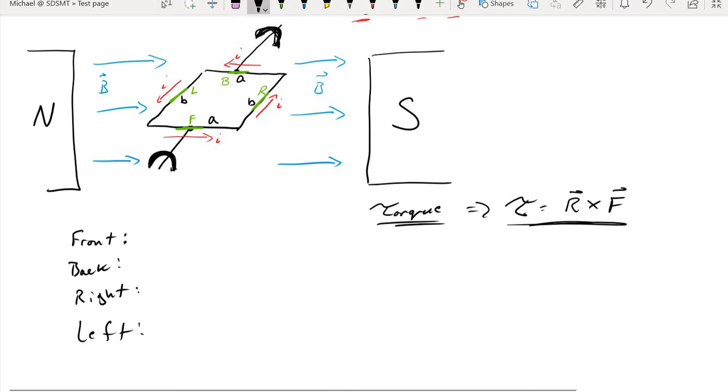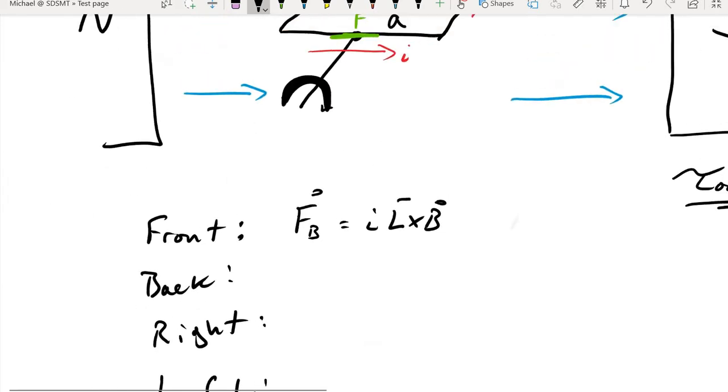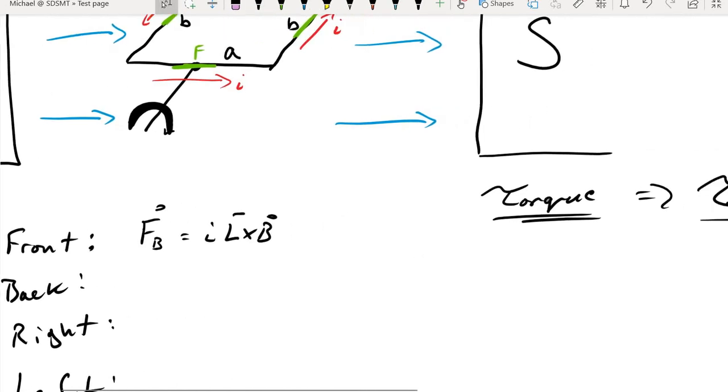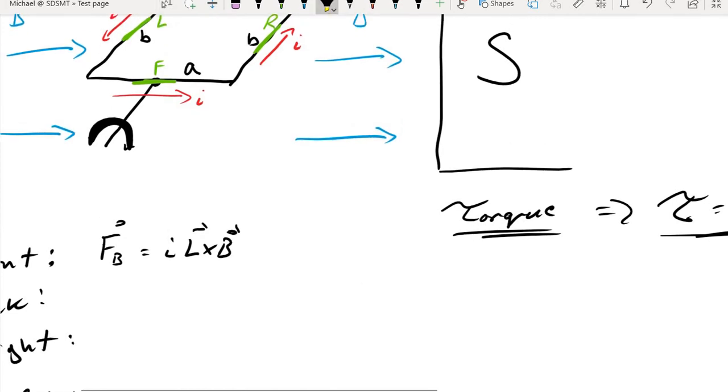So at the front face, we need to decide on what our values are at the front face. We're going to start with our general expression for magnetic force, and then we'll update it for the values that occur at this front face here.